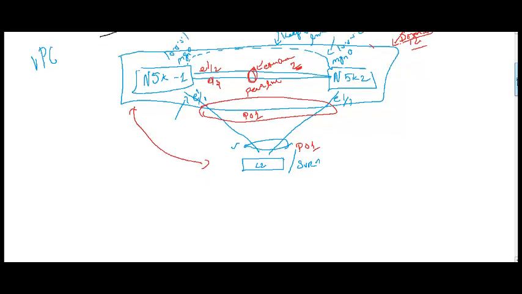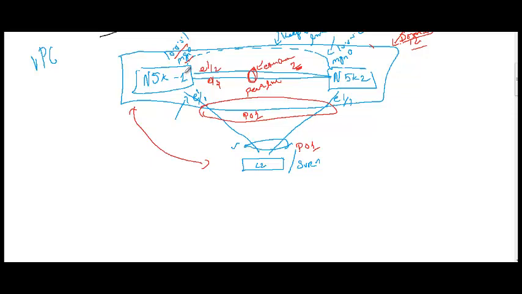Now in Nexus, if you see, we will have a lot of VRF, default VRF, management VRF, same like MPLS. We'll have multiple VRF, virtual route forwarding. So for management interface, there is a special VRF called management. So this IP address that you assign to management interface will be part of VRF management.